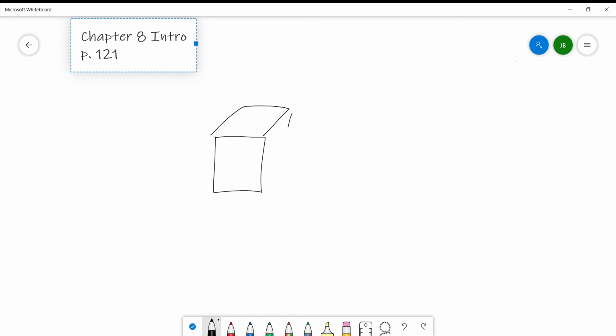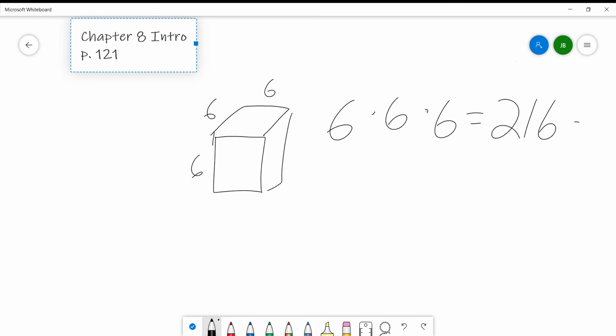Every dimension of this cube is 6. So 6 times 6 is 36, times 6 again. The length times the width times the height equals 216 cubic centimeters.